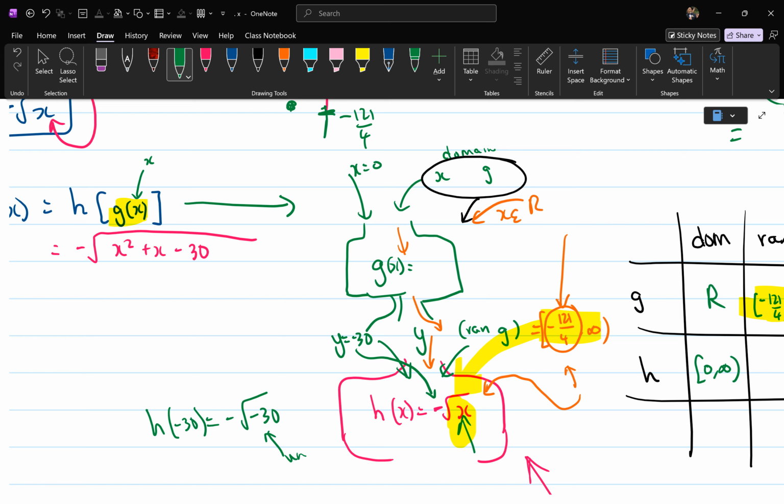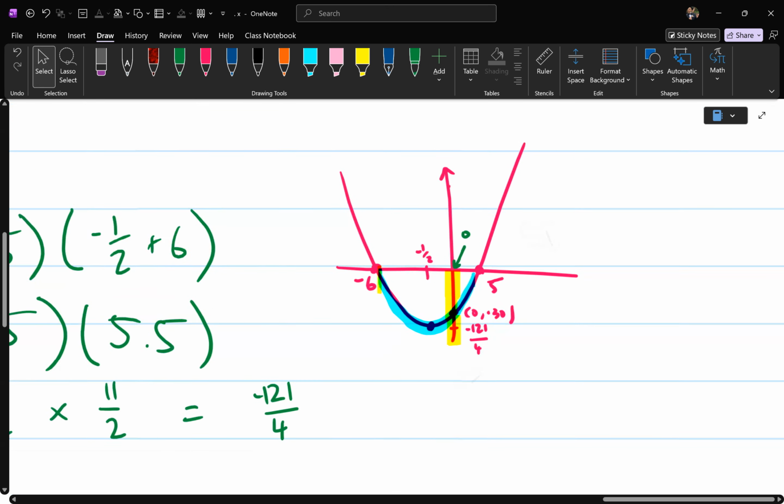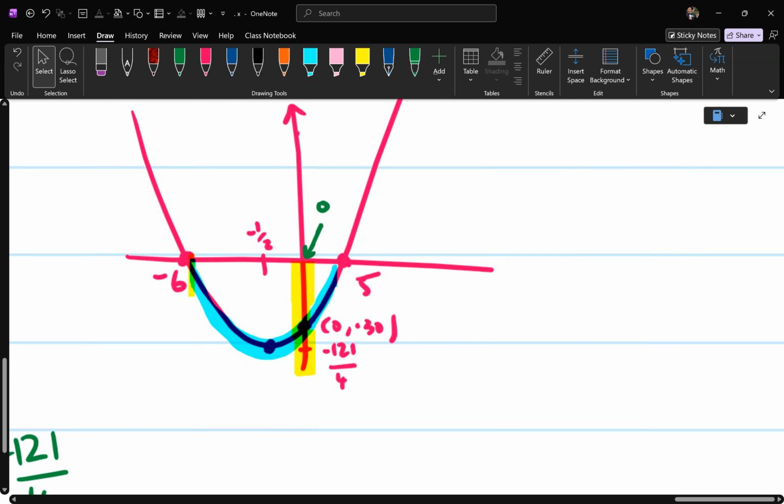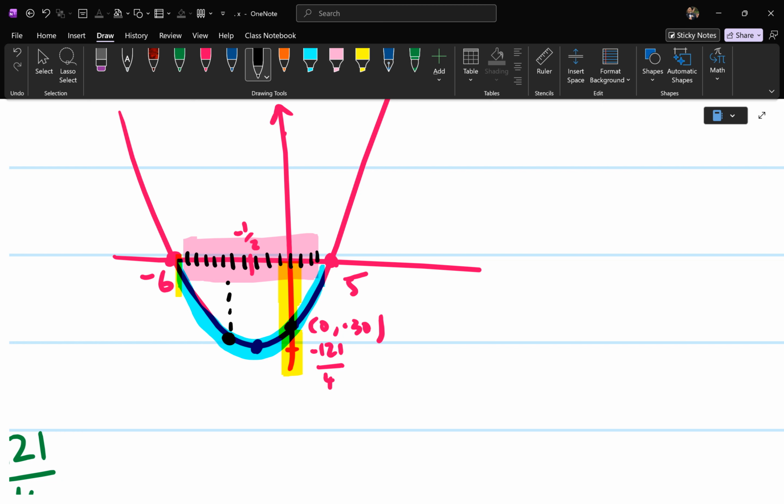That's undefined. So can you see, I don't need to guess these numbers. I can look at the graph and realize what x values I can't choose: any numbers in between negative 6 and 5. Any number that you choose anywhere between will correspond to a negative y value. Can you see that?